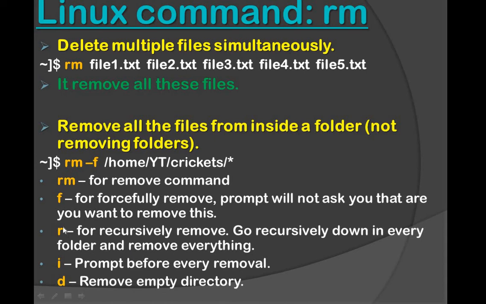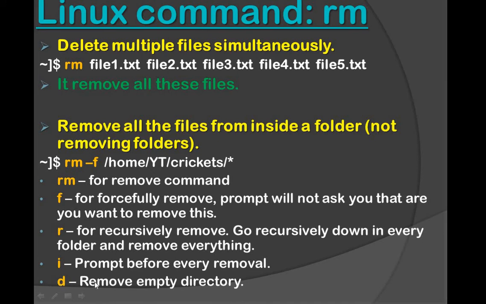And r is used for recursive, and i is used for prompting before every removal. If you want to see the prompts before removing files or folders, then you should use -i. Then it will ask you before deleting the file.